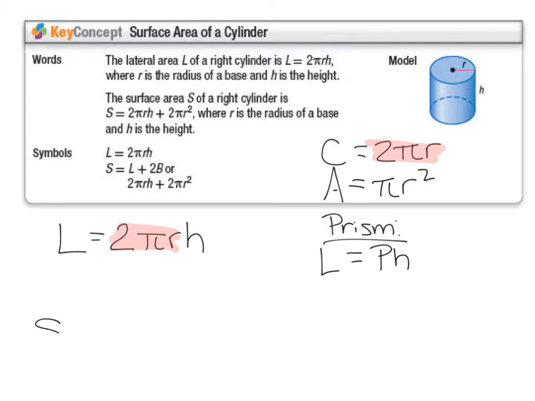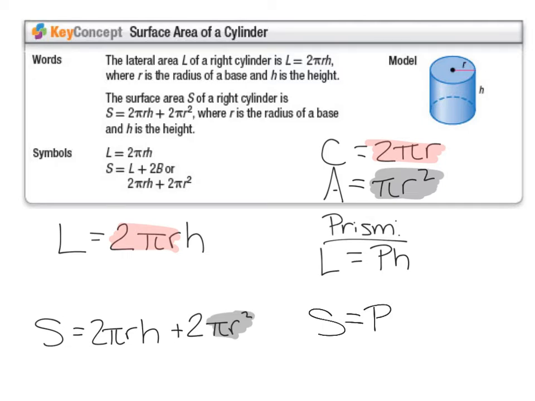For our surface area, we have our 2 pi r times h, right? So our lateral area, plus 2 pi r squared. And again, this pi r squared is the same as our area formula. Now with our prisms, we had perimeter times the height plus 2 times the area of the base.